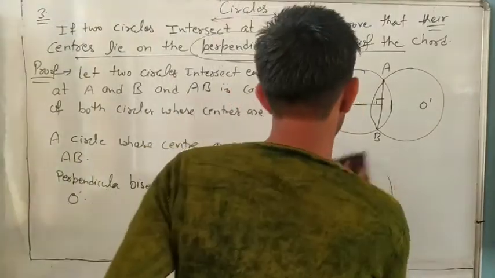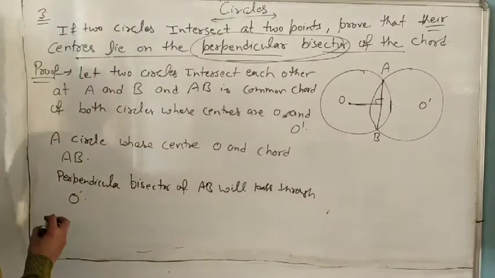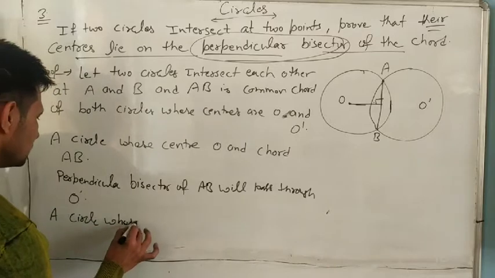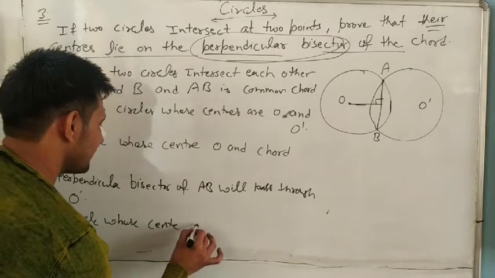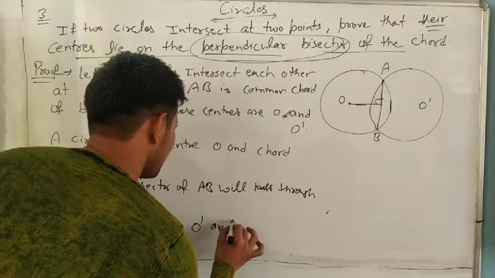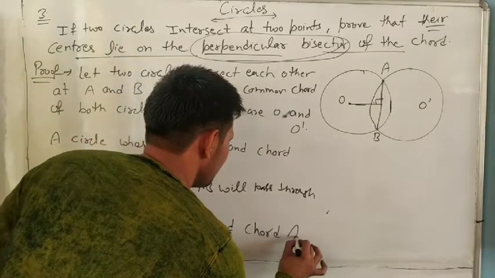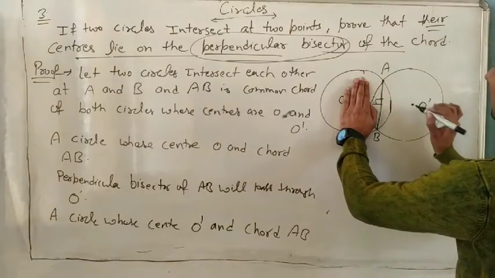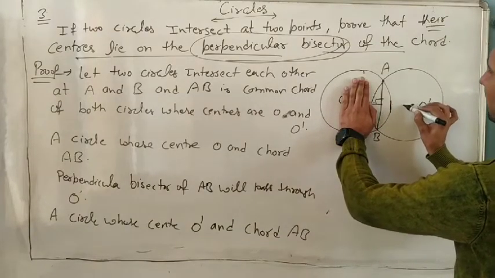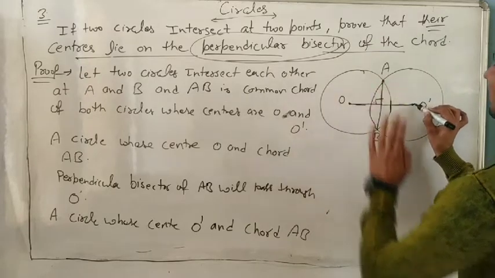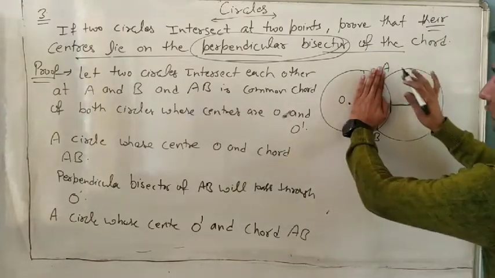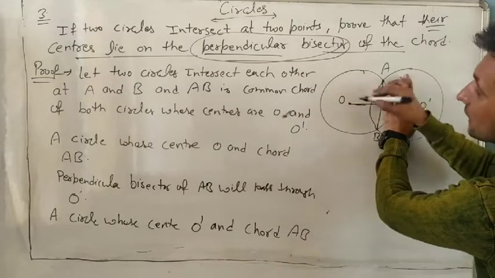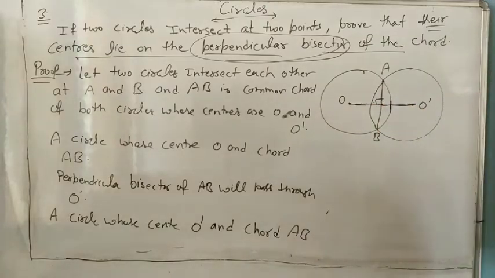Next, same as it is. Now the second circle, a circle whose center is O dash and chord AB. AB is a chord of this one also. Because AB is a common chord, if we take its perpendicular bisector, it will pass through the center.